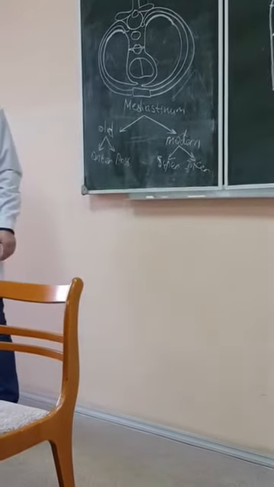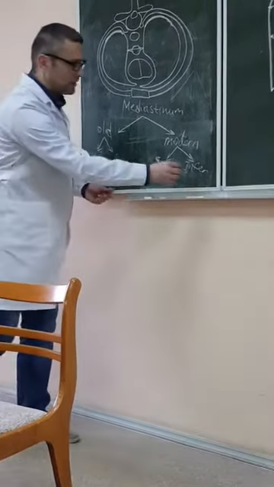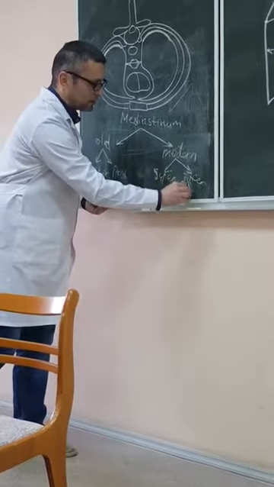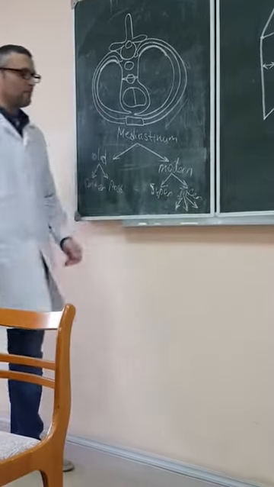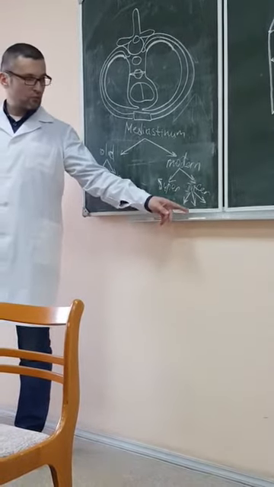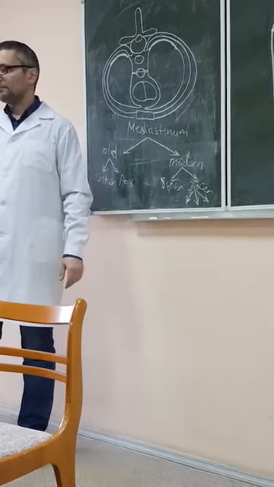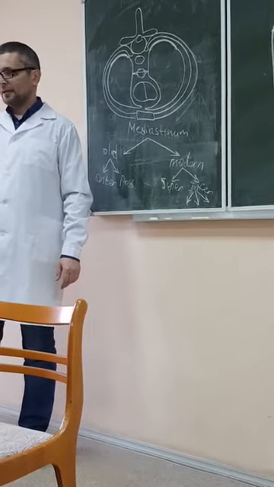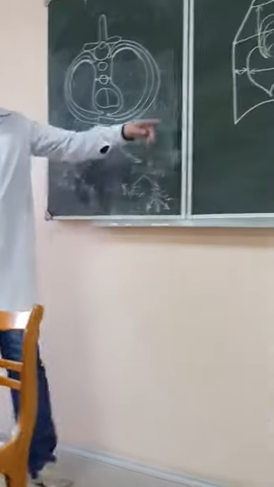Superior and inferior. And inferior is divided into three parts: inferior anterior, inferior medius, and inferior posterior. Understood this? Now let's look at this schema.